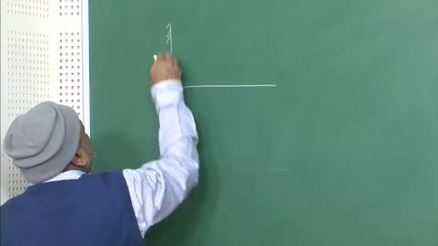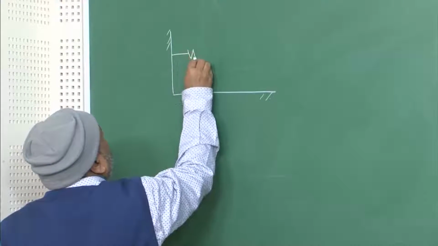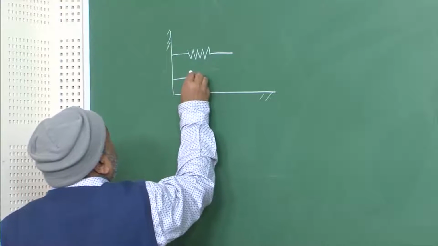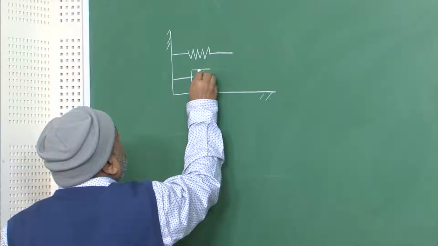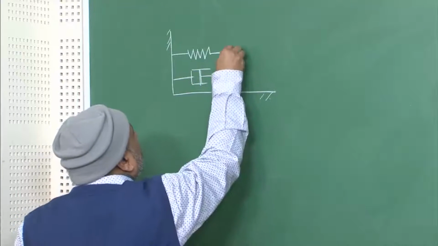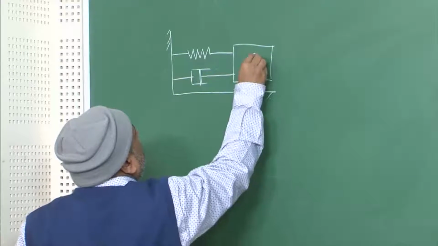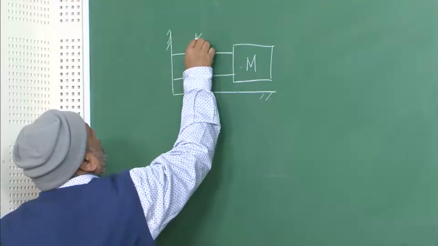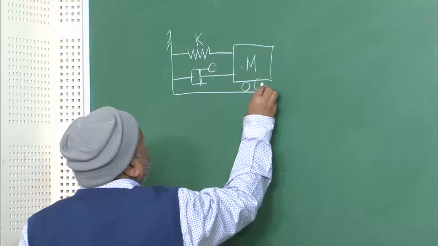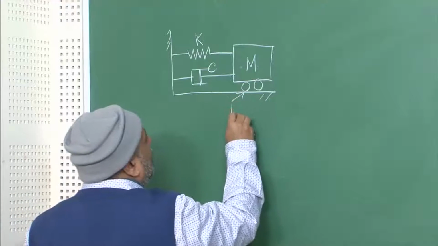So, let us say this is our boundary, and we have a single degree of freedom system which has a Kelvin-Voigt model type of damping, and the spring and the damper are attached to a mass in this case, and the mass is resting on a frictionless wheel. So, these wheels are frictionless.